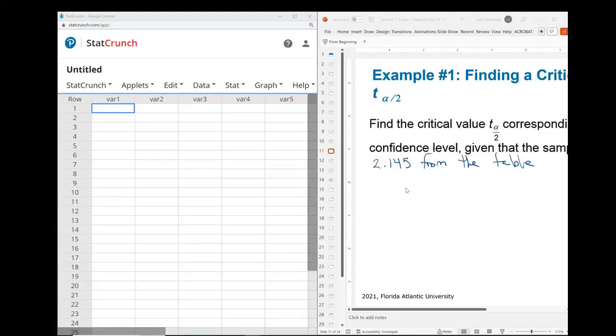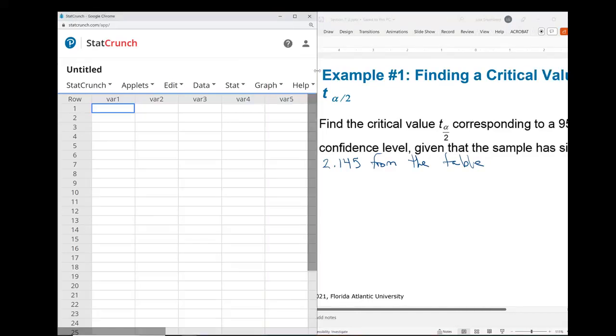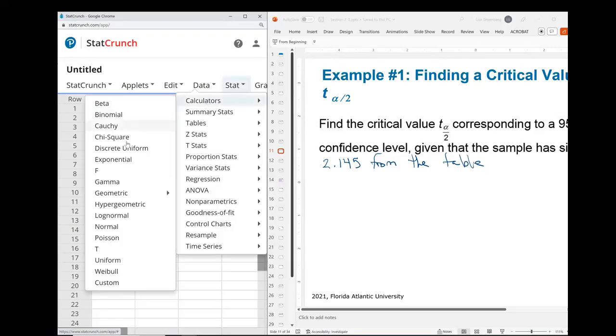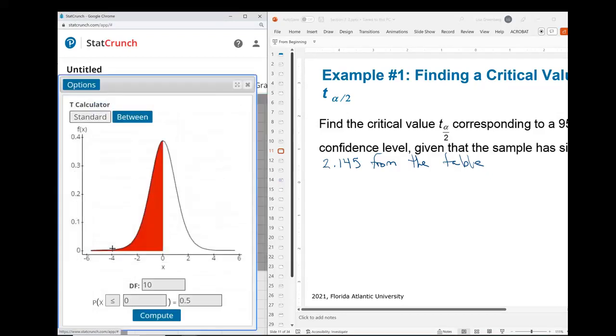All right, so we have our StatCrunch open. That looks a little better, I think. All right, so we're going to go Stat, Calculators, and we're going to go to T calculator.